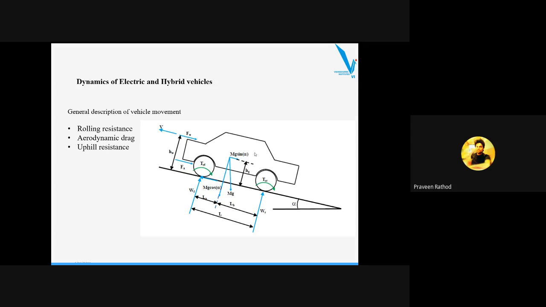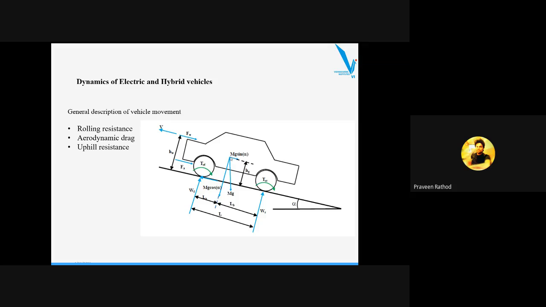Whenever we are deriving the equation, we can consider it as m divided by g into a, we write it like that. We will see later on that whenever we derive the equation for reaction force of front wheel and reaction force for rear wheel.